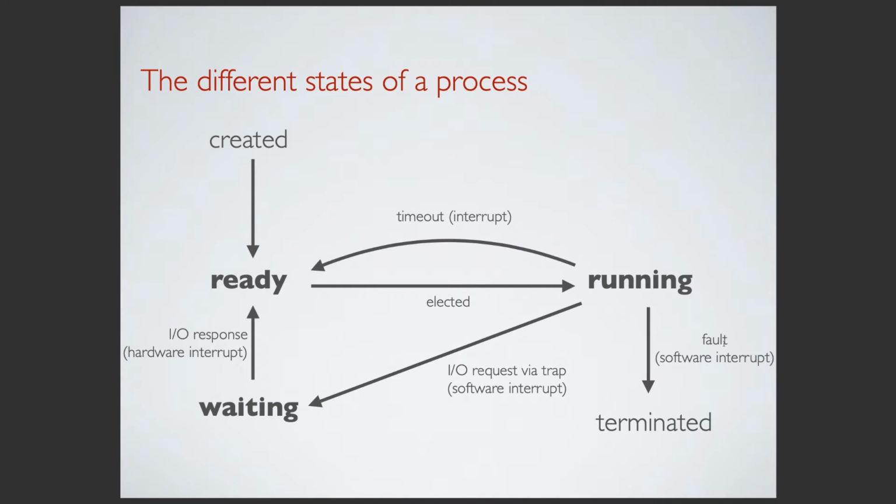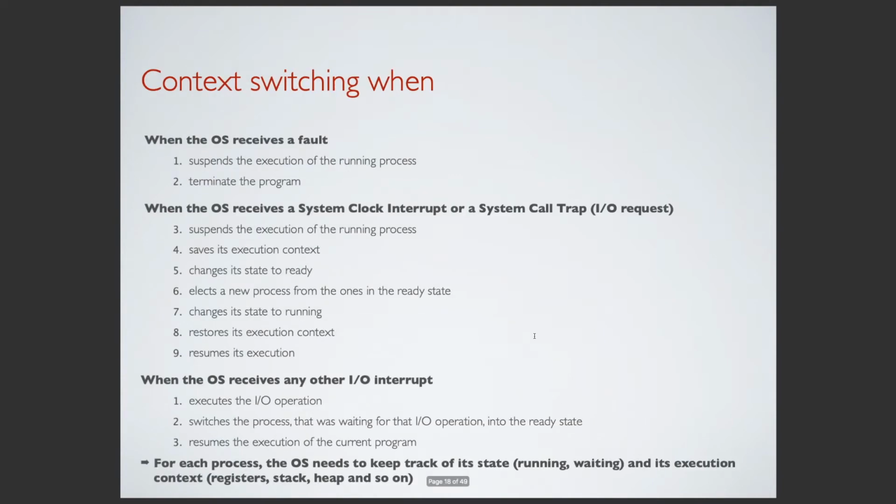Something I haven't said, but basically, if there is a fault or if there is actually an exit, okay, a stop, well, the process is going to be terminated. Okay. All right. So all of that changing state of processes, we call that context switching. Okay.